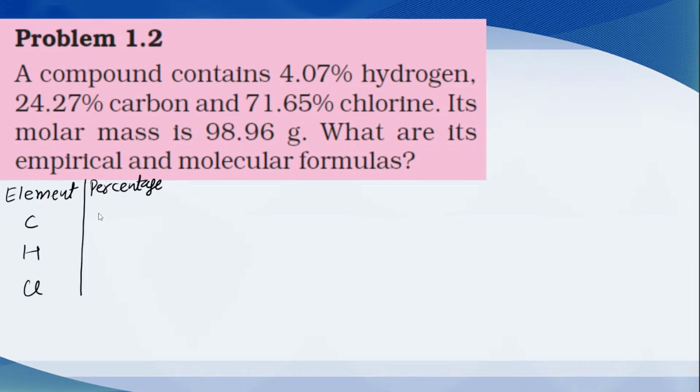Percentage of carbon is 24.27, percentage of hydrogen is 4.07 and chlorine is 71.65. Then atomic mass: carbon is 12, hydrogen is 1, chlorine is 35.5.